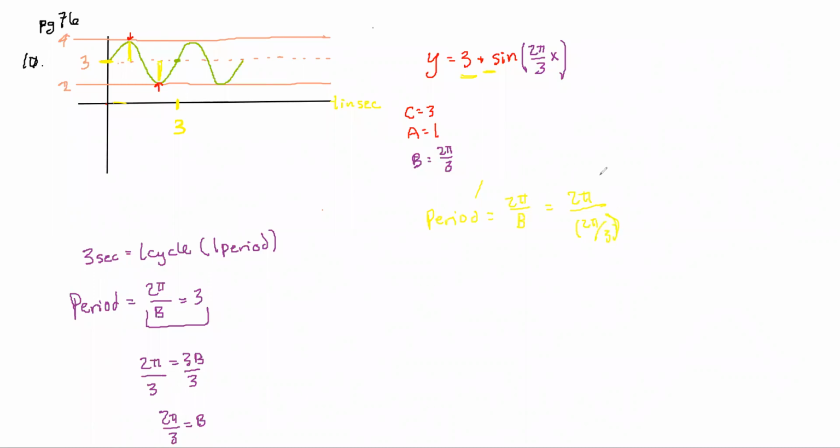And I can bring that 3 up, so it'll be 2 pi times 3 on the top over 2 pi. These cancel out, and I end up with 3. So I've got my period, which is equal to 3, just checked, verified.